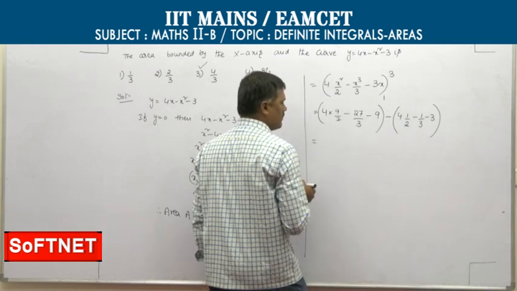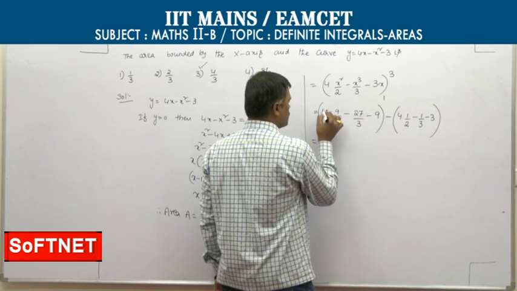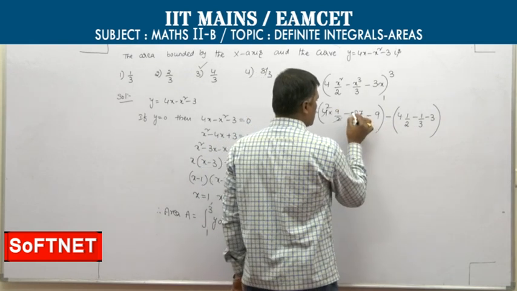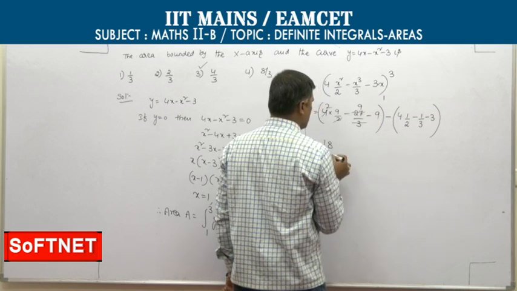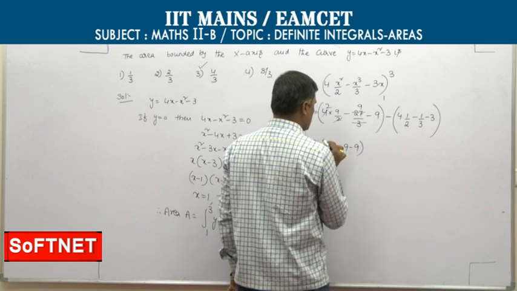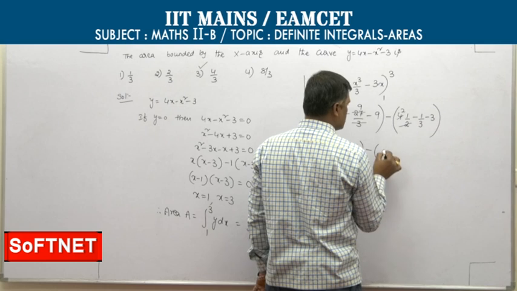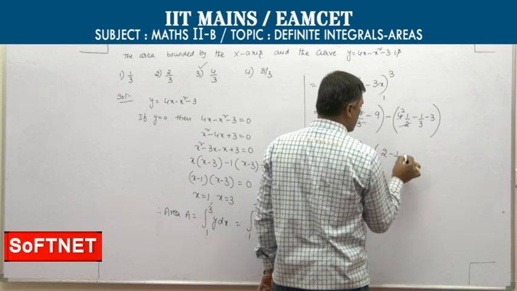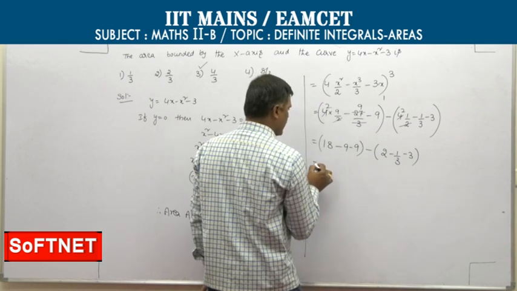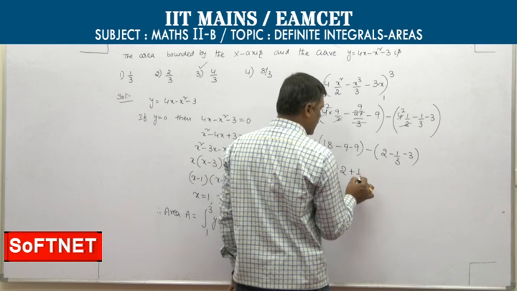That is equal to 4 into, 2 into 9 is 18, 3 nines are 27, 18 minus 9 minus 9, minus 2 twos are 4, minus 2 minus 1 by 3 minus 3. 18 minus 18 is 0, minus 2 plus 1 by 3 plus 3.